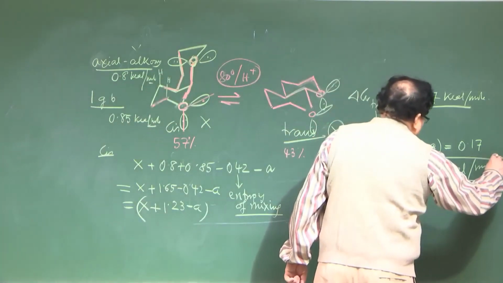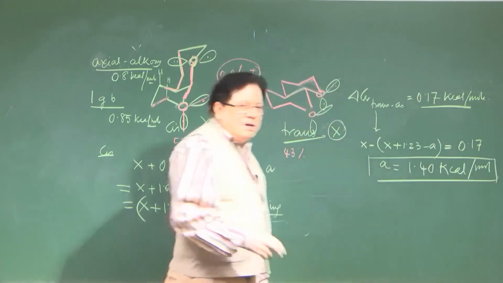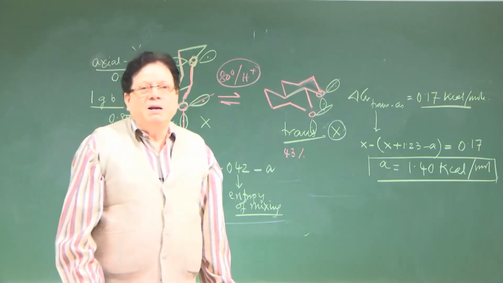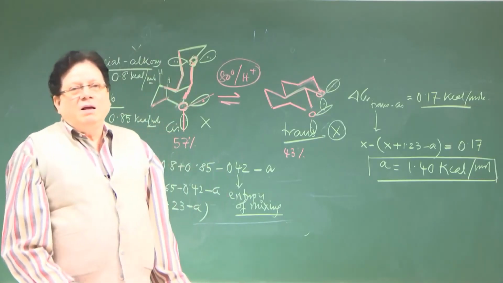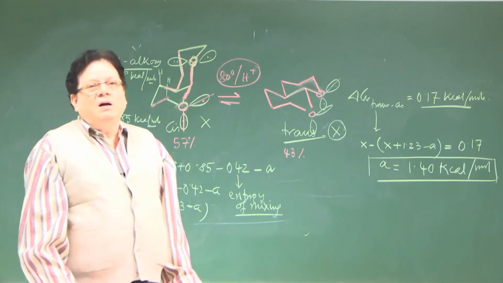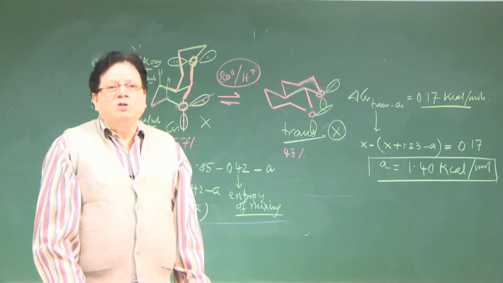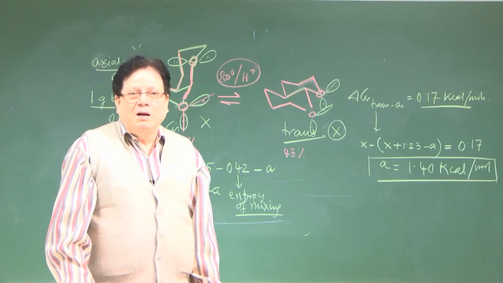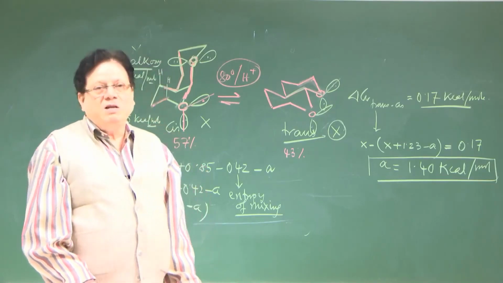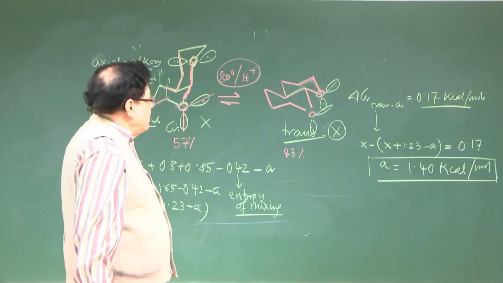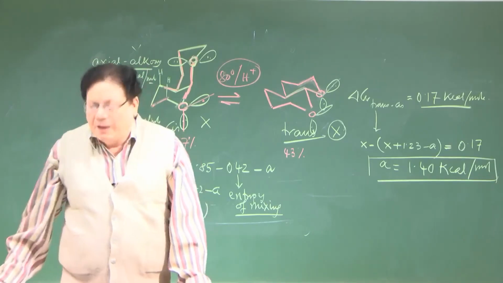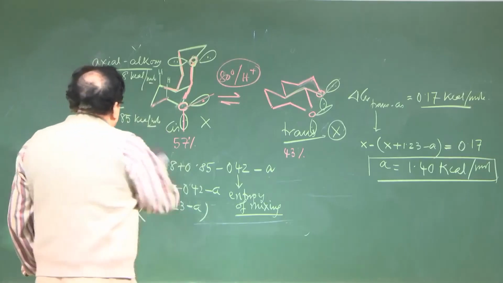The anomeric effect of 1.40 kilocalorie is approximate, but it is a good approximation, because there are many cases where, utilizing this value, the equilibrium constant and the ratio of two conformers have been properly matched. So, this is pretty accurate in that sense, 1.40. That is how the value came.